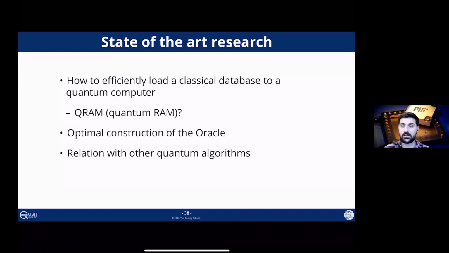And that brings us to the proposal for a QRAM, which is a quantum RAM, where there's some efficient way to access a classical database and convert it to a quantum database without painstakingly writing down every single element. And this is an active area of research right now.